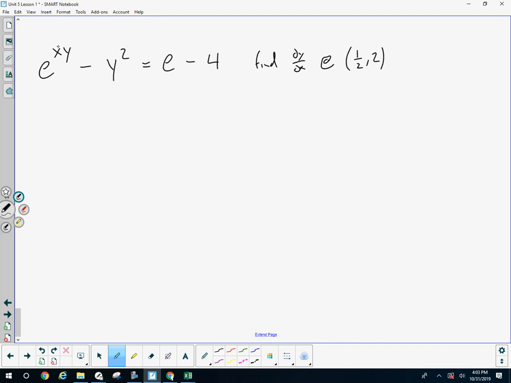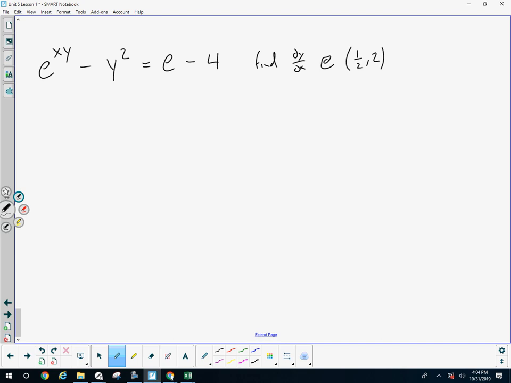You see a lot of these xy's thrown in because they're tricky. Everybody forgets that they're a product and you have to use the product rule. So go ahead. Did you use the product rule and then multiply by dy/dx again? No. The derivative of the outside is e to the power. The derivative of the inside, you use the product rule.